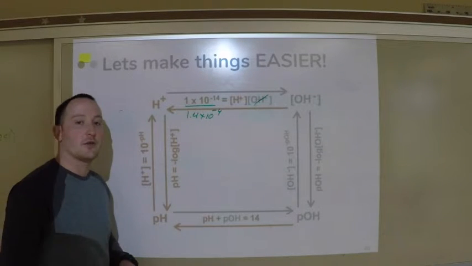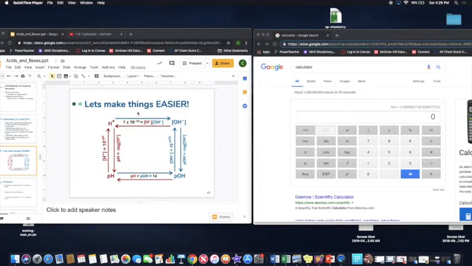So let's do that on our calculator. Again, I am going from OH minus to H plus. So I need to do 1 times 10 to the minus 14 divided by my OH minus concentration. And my OH minus concentration was 1.4 times 10 to the minus 4. So don't forget, whenever you're working with things in scientific notation, you need to make sure you use parentheses. So I'm going to type in my 1 times 10 to the negative 14.